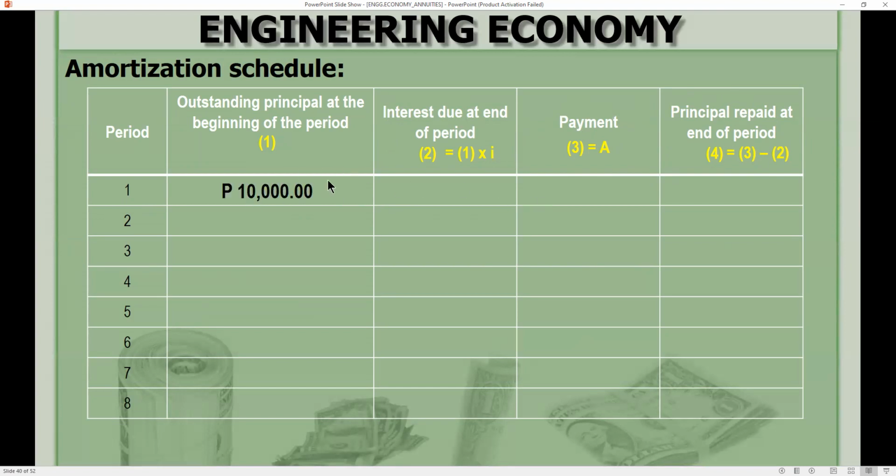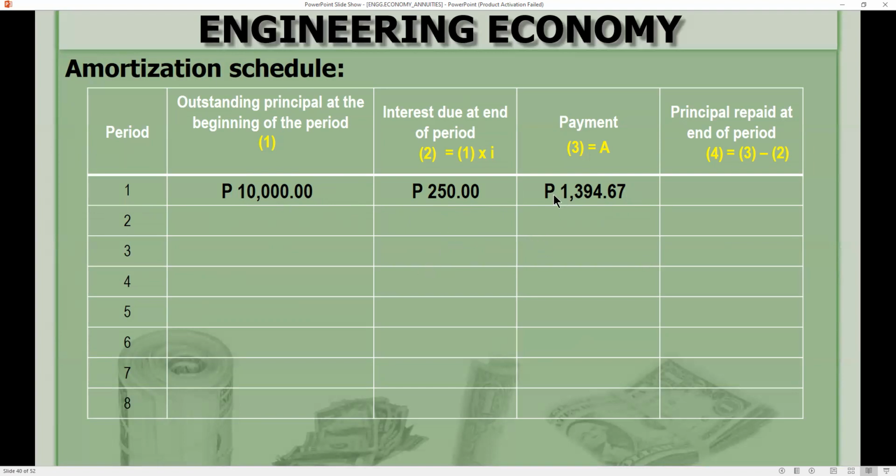So, 10,000 is the debt, right? 10,000. And the rate of interest is 2.5% per quarter. So, 2.5% of 10,000 is 250. And then, if we recall, the annuity is 1,394.67.